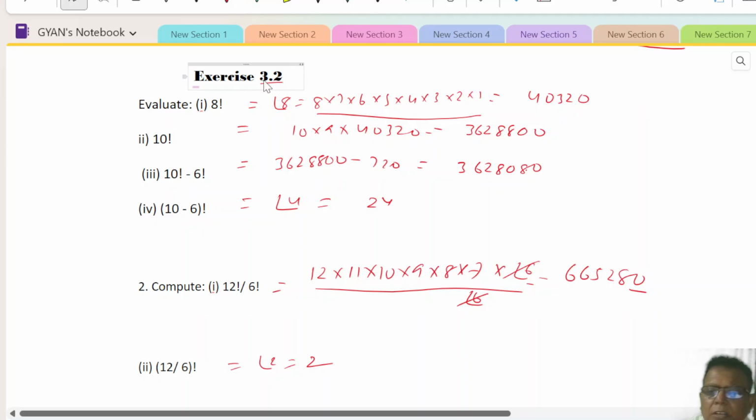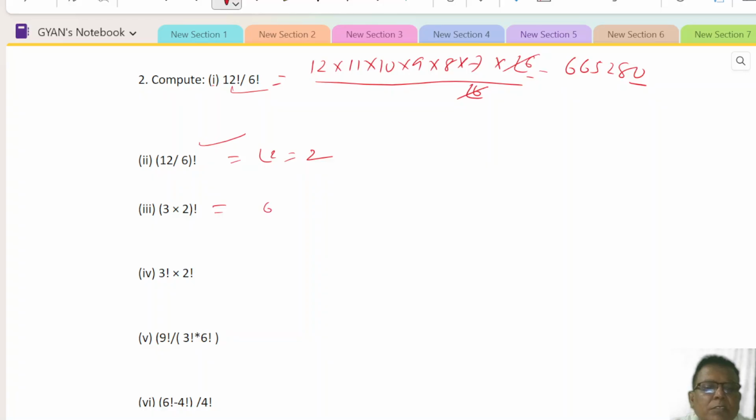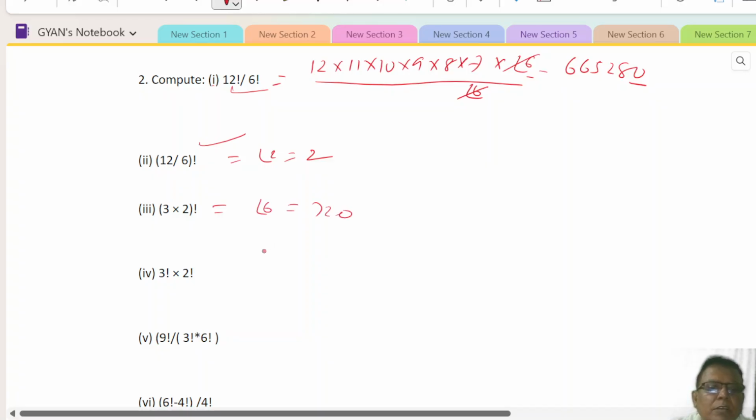So whatever we have learnt earlier is getting proved, because this one and this one are different. Factorial 3 is 6, factorial 6 is 720. And factorial 3 is 6, and 3 factorial 2 is 12. So this is also different. Factorial 9 by factorial 6 into factorial 3.